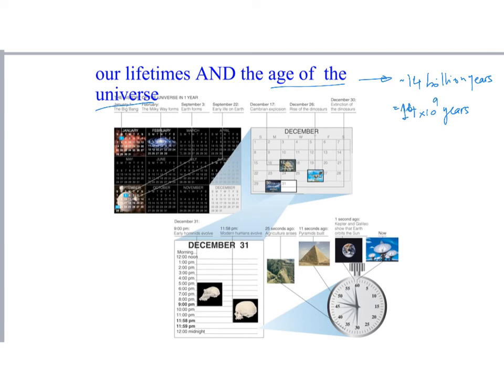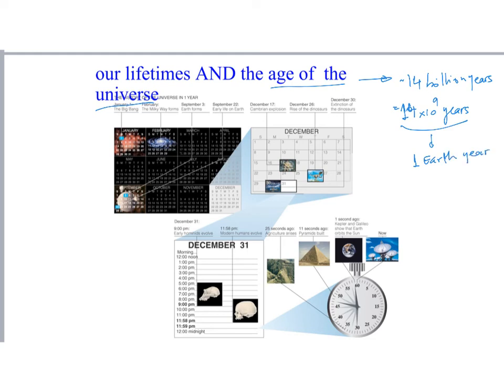Now, this is a really nice way to present the scale of time. It's a modified version of Carl Sagan's cosmic calendar. So here's what he thought about. Why don't we put this duration of 14 billion years into one Earth calendar year, right?